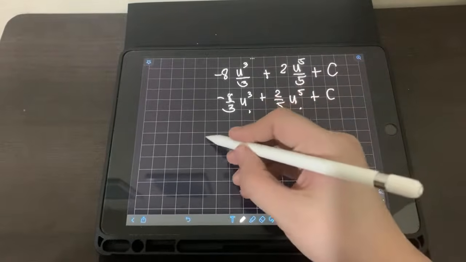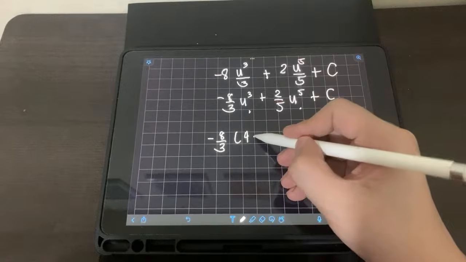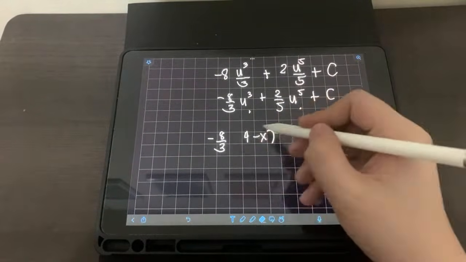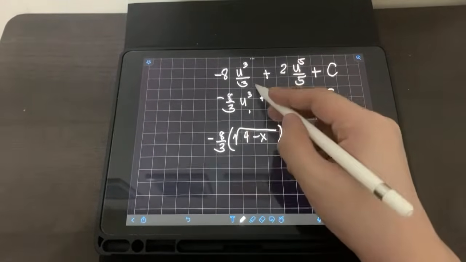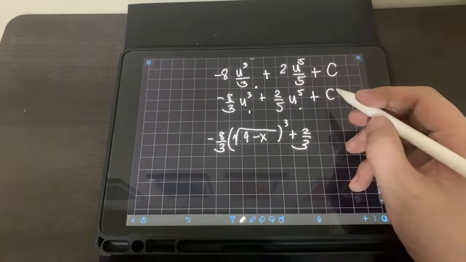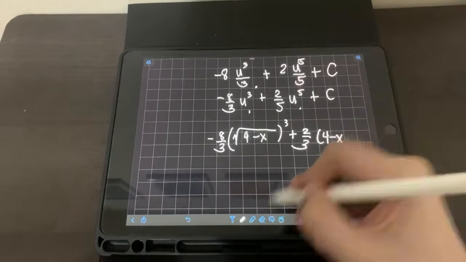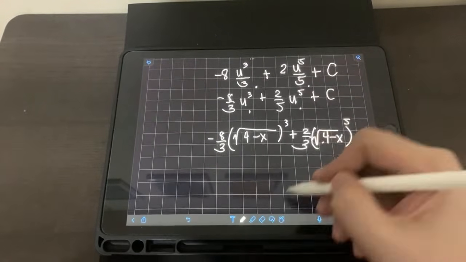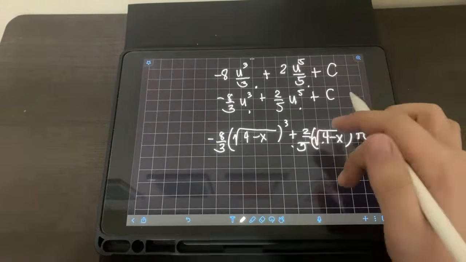So therefore you have negative 8 over 3 times the square root of 4 minus x, raised to 3, plus 2 fifths, so u is the square root of 4 minus x, raised to the 5th power, plus c.